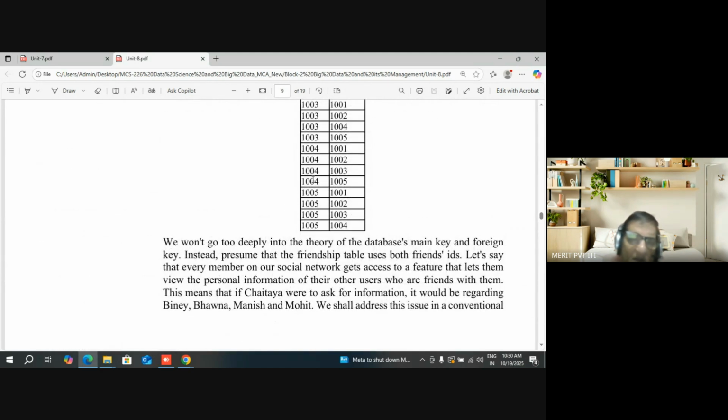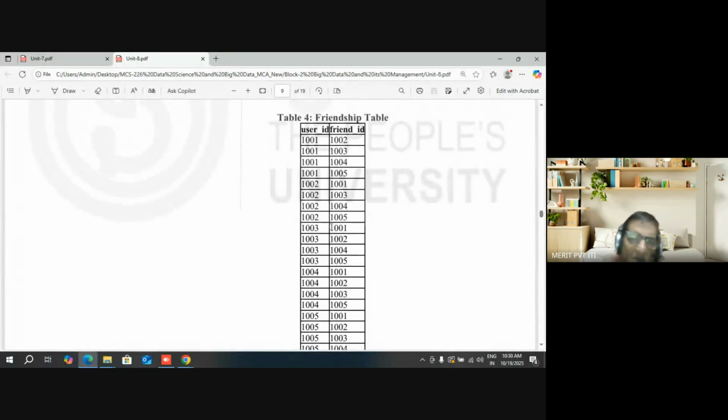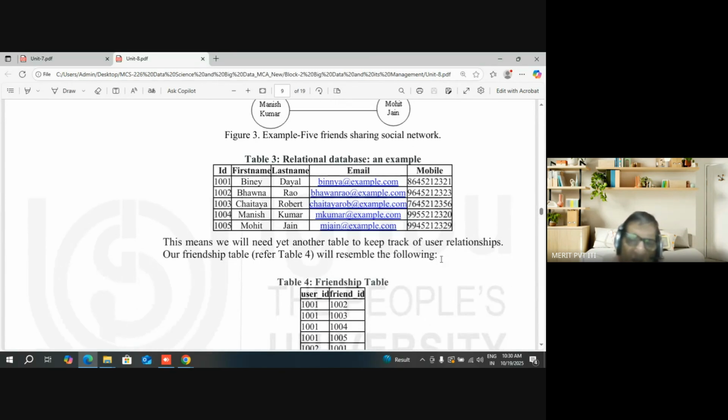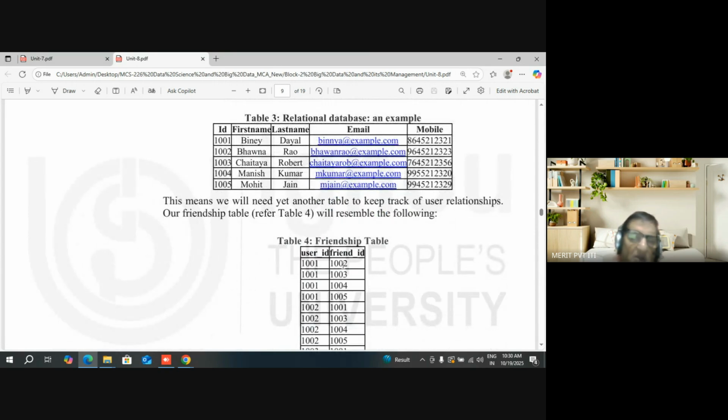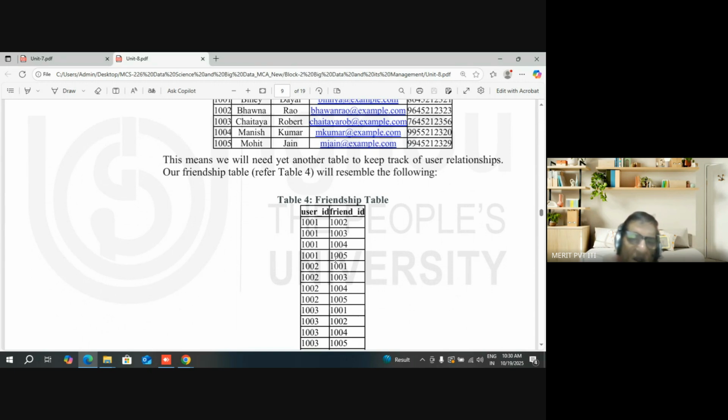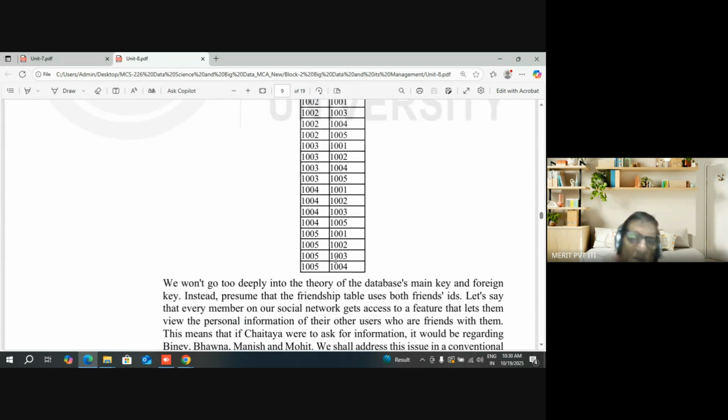This is 104, a member. 104 is there four times, with 101, 102, 103, 105. So this is a member of this. For such friendship, it has made 4, 5 or 20. Here there were only 5, but to make friendships here it will have to make 20. So it has to be a much bigger table for that.